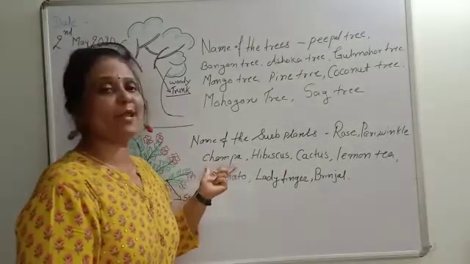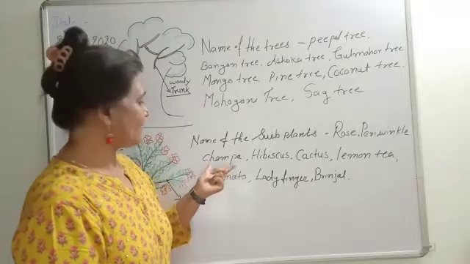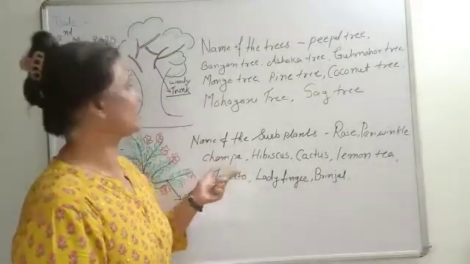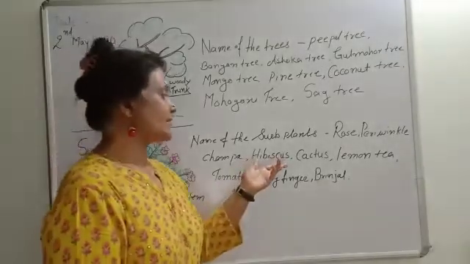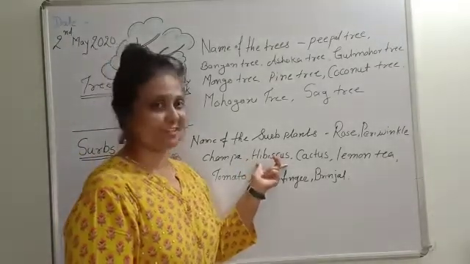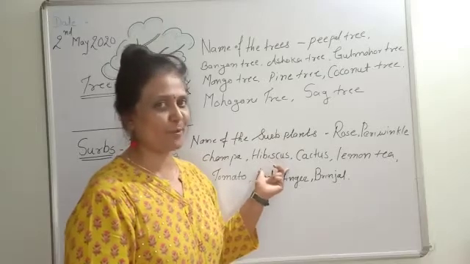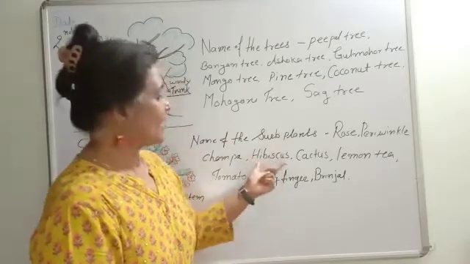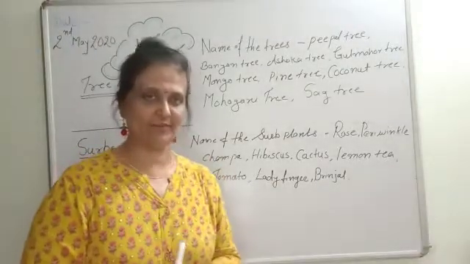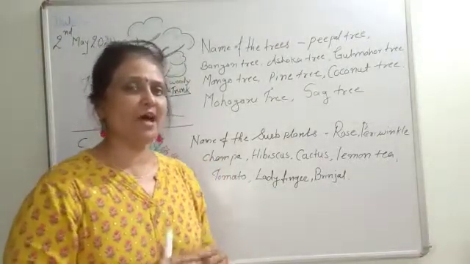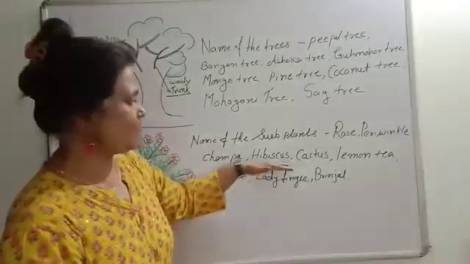Their stems are green in color and not stronger than the tree's trunk. Next is hibiscus, one of the flower plants. You are aware of that. Hibiscus is also a shrub plant, a flower plant, an ornamental plant also.